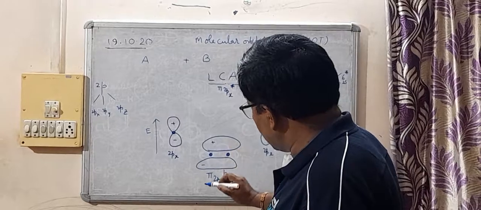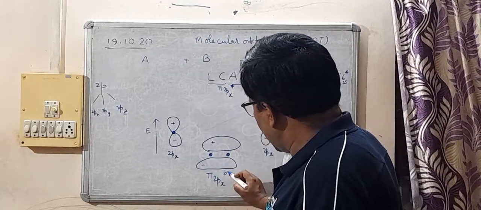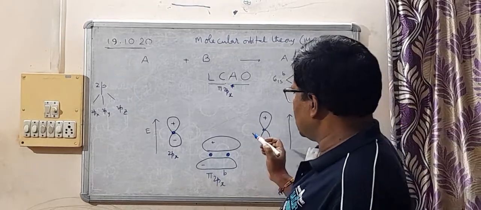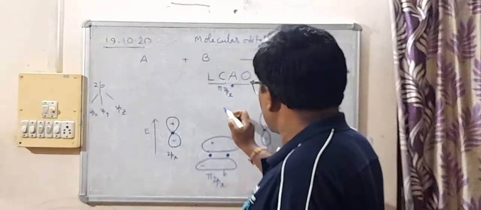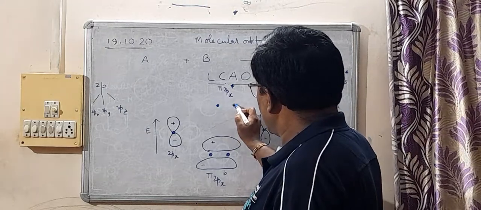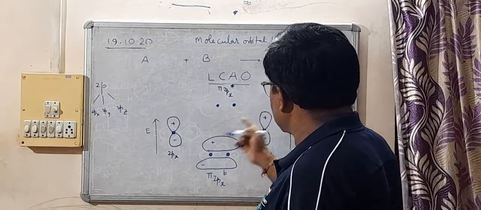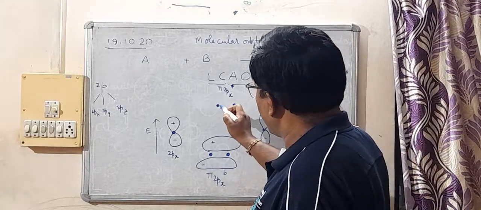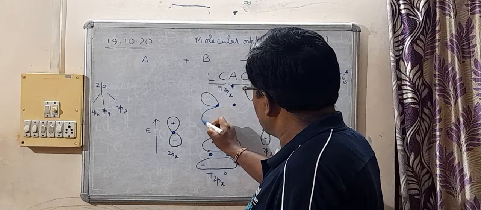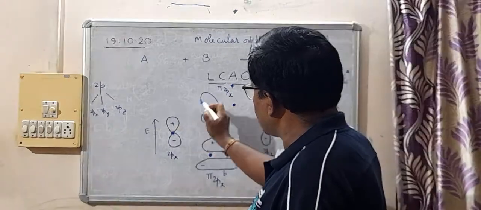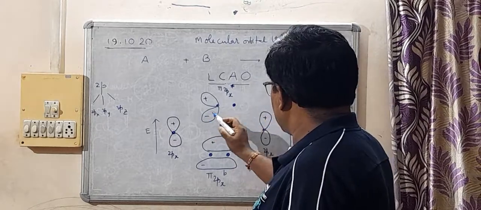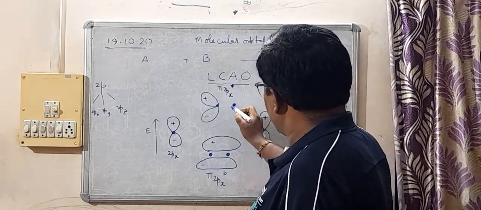This is our pi 2px bonding molecular orbital, okay, and the anti-bonding one will be like this, which is subtraction overlap. This is plus, this is plus, this is minus, and the sign will change here.